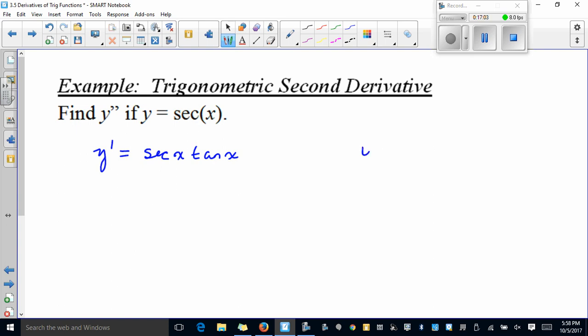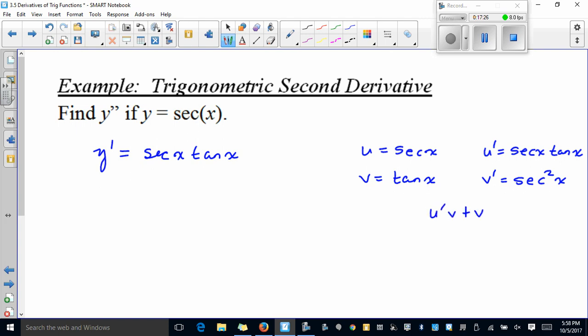U equals secant of x. So u prime is secant tangent. V equals tangent of x. V prime is secant squared. And this is product, so u prime v plus v prime u.